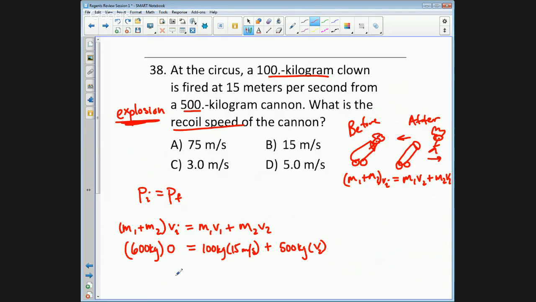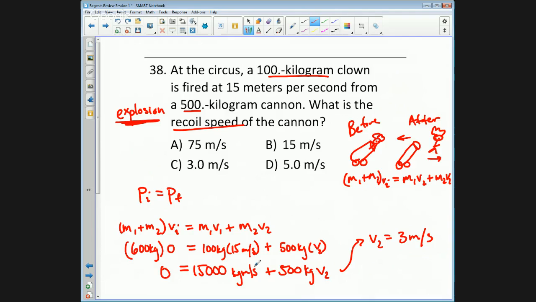So the left side equals 0 equals 1500 kilogram meters per second plus 500 kilogram times V2. When we solve for V2 here, we get V2 equals 3 meters per second, because 1500 divided by 500 is 3.